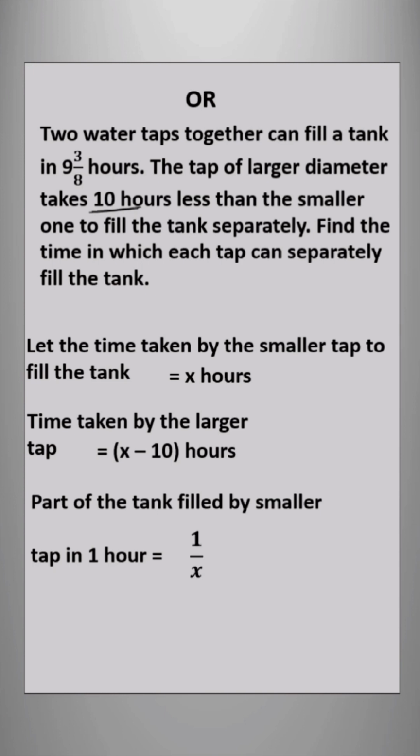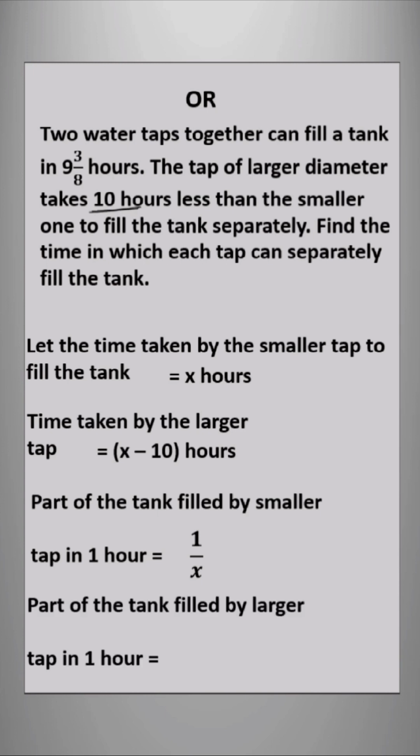Then we can also find the part of the tank filled by the larger tap in 1 hour. In x minus 10 hours, it can fill one tank, isn't it? So in 1 hour, how much part of the tank? 1 by x minus 10.